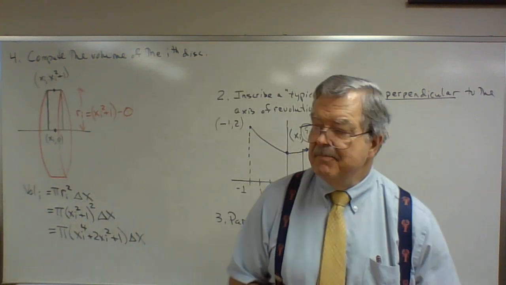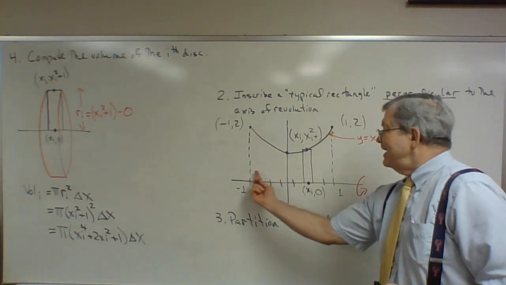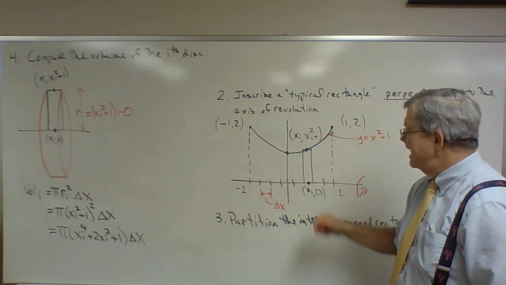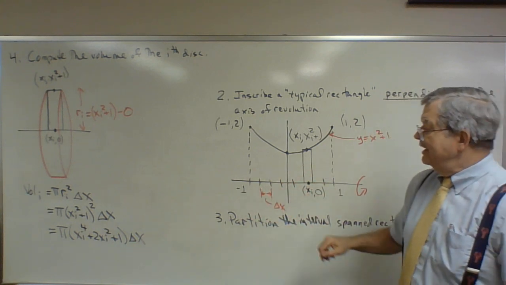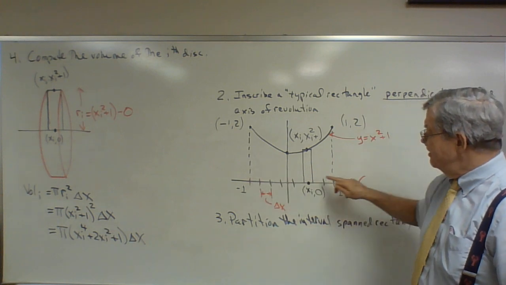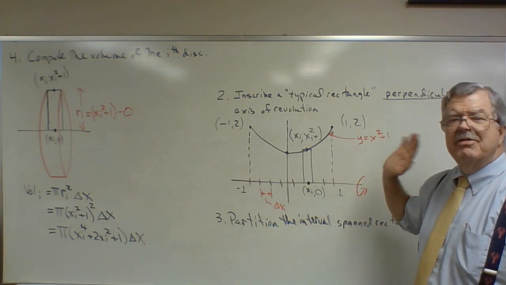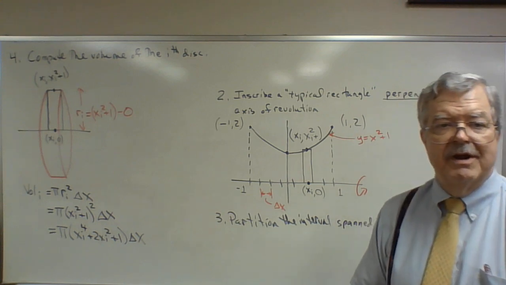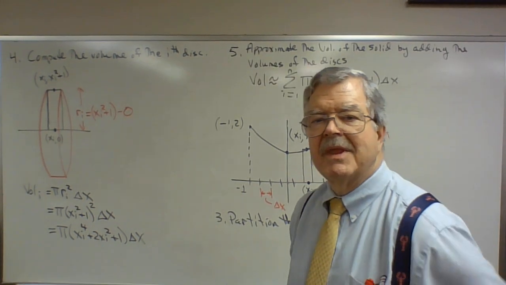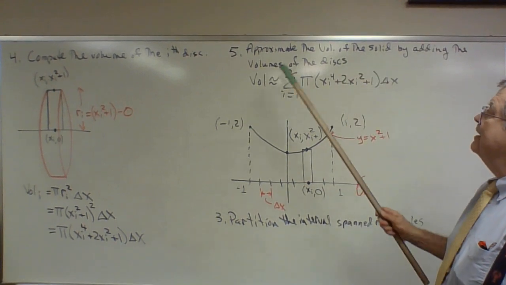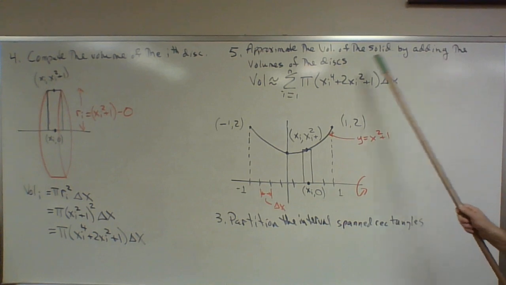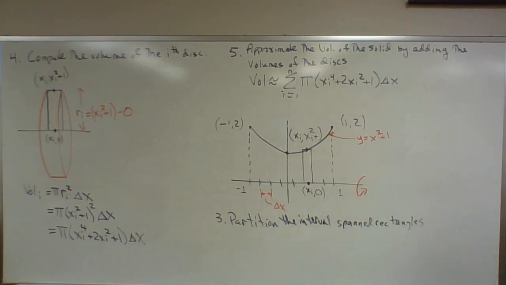Now, in reality, we're going to take each of these rectangles and revolve them about the x-axis and get disks from here to here. We're going to add up the volumes of all of those disks. That's what we'll do in our next step. Next step, approximate the volume of the solid of revolution by adding the volumes of the disks.